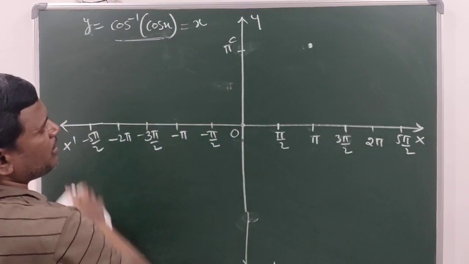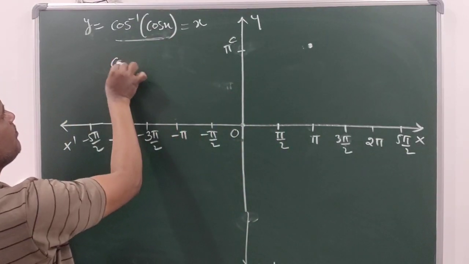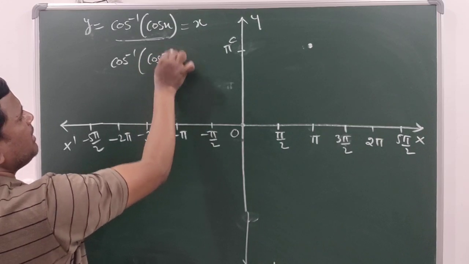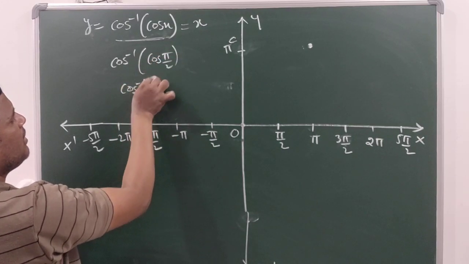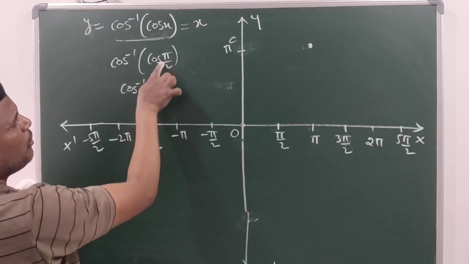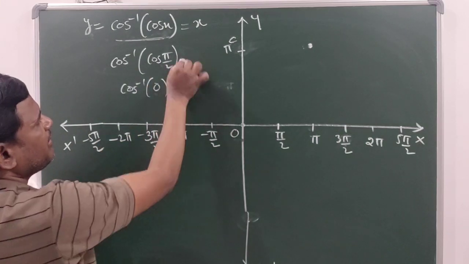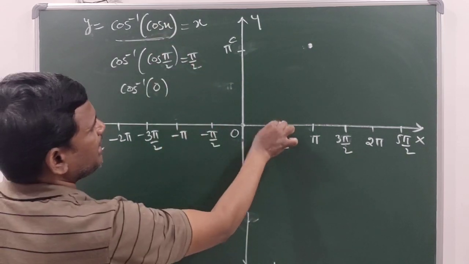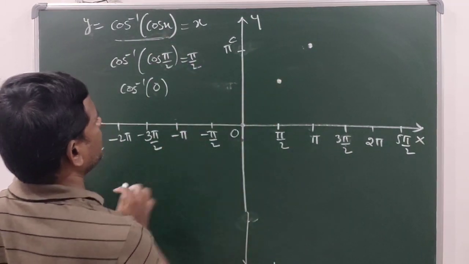Similarly, when you take domain value 90, cos 90 is 0. Again the 0 you have to express as cos 90. Finally you will get 90. So domain is 90, range is 90.